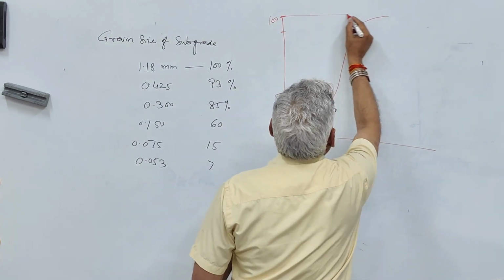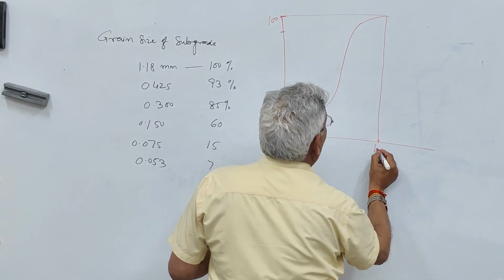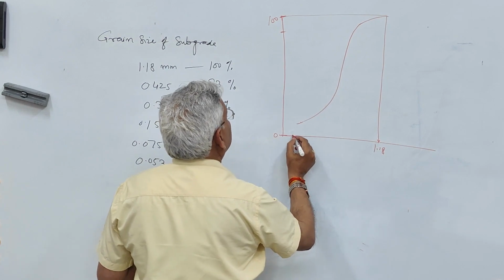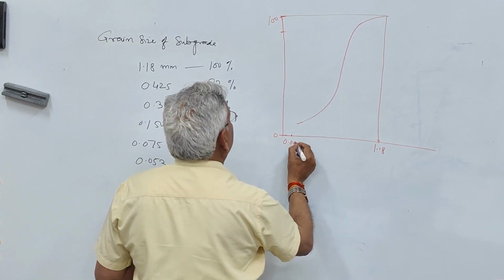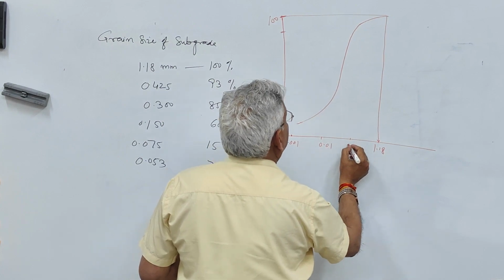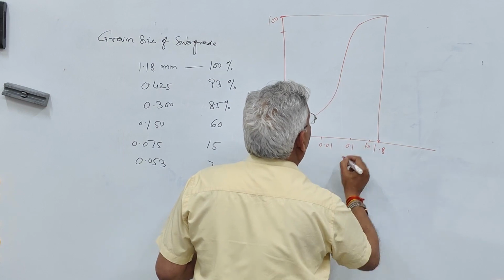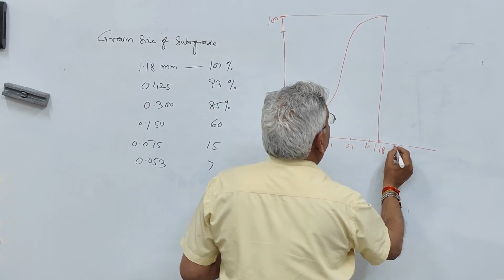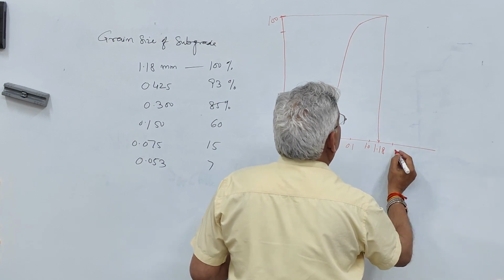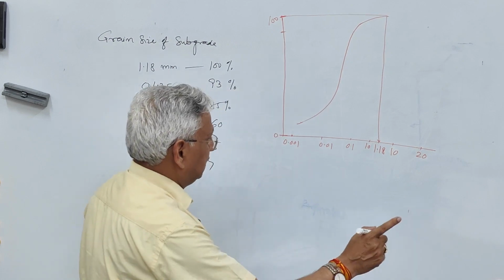This size is 1.18, and let us say this is 0.001, this is 0.01, this is 0.1, this is 1.0, 10, 20 millimeter.